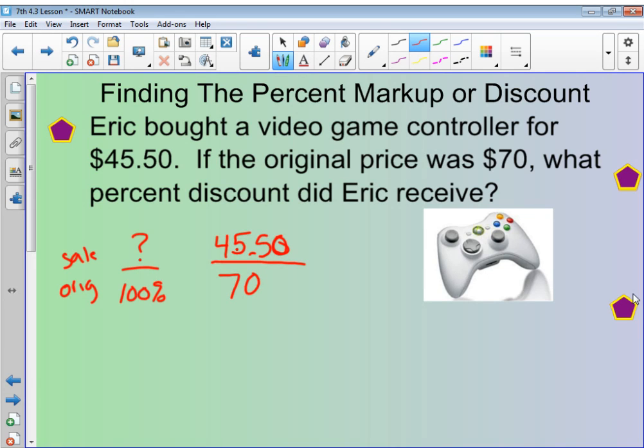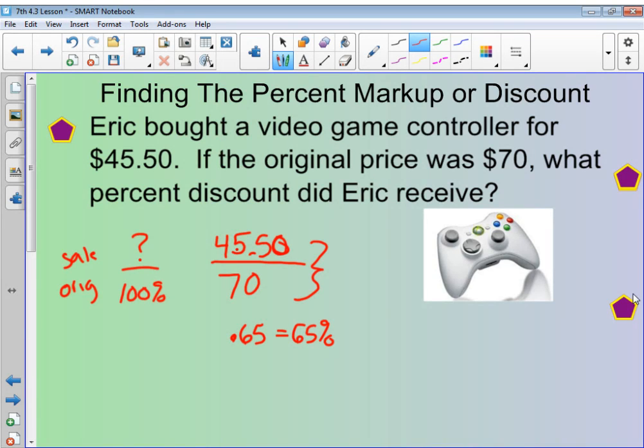Okay, so we could still go through that cross multiply and divide. The other thing that some of you will notice is that you could also just work off of this and change it to its decimal form. So if I took 45.50 and divided it by 70, that's going to give me 0.65, okay, which would be the same as 65%.